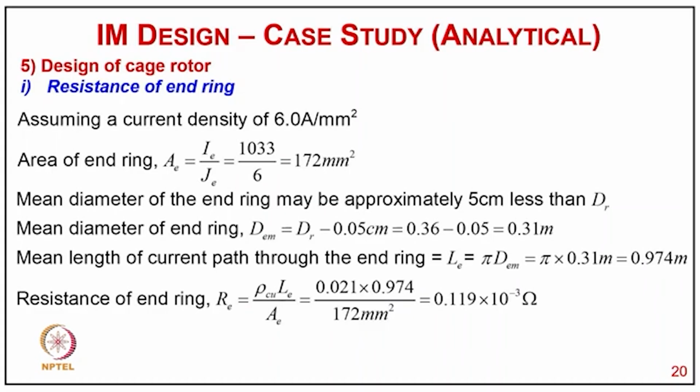The mean diameter of the end ring may be approximately 5 centimeter less than Dr, so the mean diameter of the end ring will be Dm equal to Dr minus 0.05 meter, that comes to about 0.31 meter or 31 centimeter. So the mean length of the current path through the end ring will be L equal to pi Dm, which comes to 0.974 meter, and the resistance of the end ring will be RE equal to rho LE upon AE. Putting the values, it comes around 0.119 into 10 power minus 3 ohm.